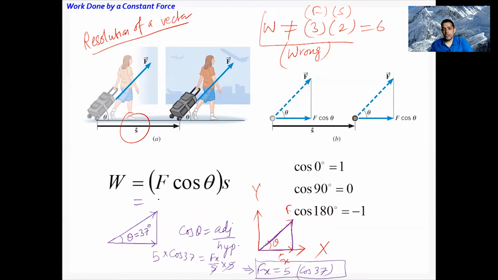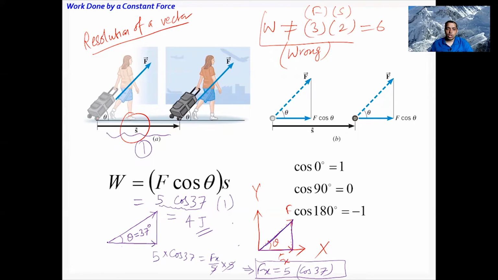So my F is 5, cosine theta is cosine 37, and the displacement is again, let's say, 1. If the displacement is 1, then you have your work done like this. You just calculate 5 cosine 37, and you happen to get almost 4 joule. This is how you figure out your work done.